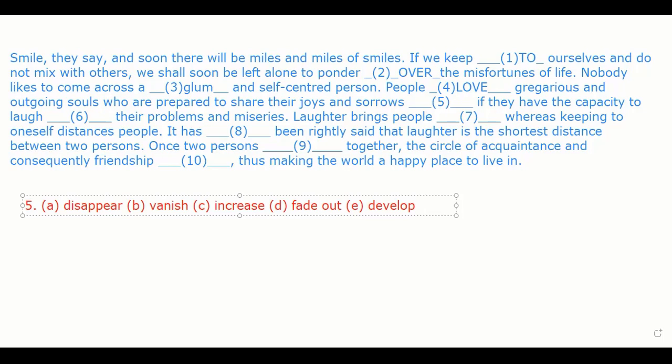If they have the capacity to love, what will you expect? Do you want the sorrows to fade out slowly, or do you expect the people meeting them should not take a lot of time, because you are meeting somebody, so they should really cheer up themselves, right?